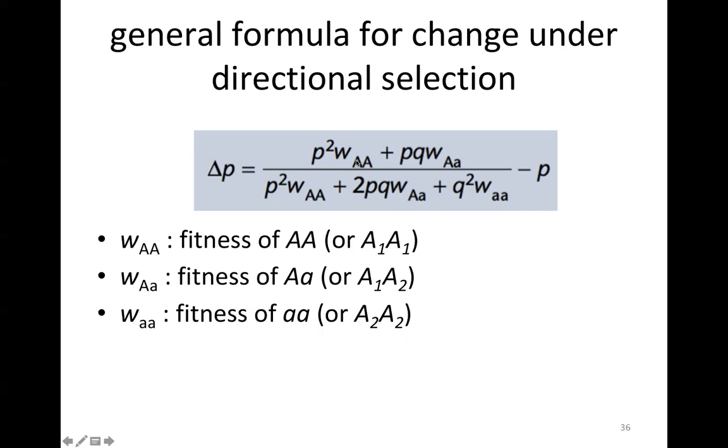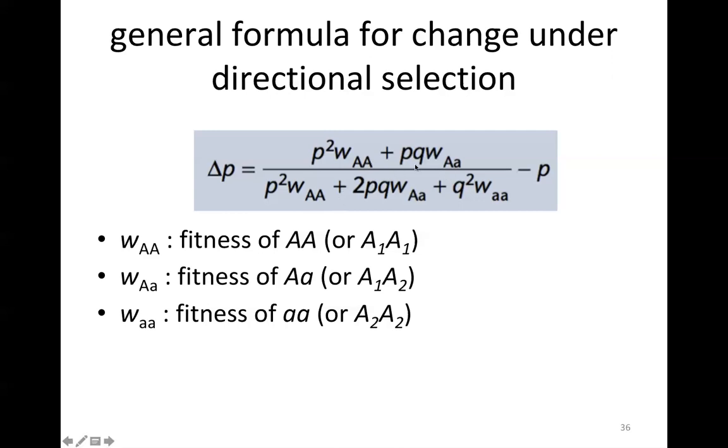And here on top, we would again have fitness 1, fitness 1. This part of the equation shows the frequency of the big A allele, like the A1 allele in the previous case, the capital A allele in the next generation, minus P, the frequency of the capital A allele in the previous generation. The difference is delta P, again, change in frequency. It's the same thing, but this is more general.